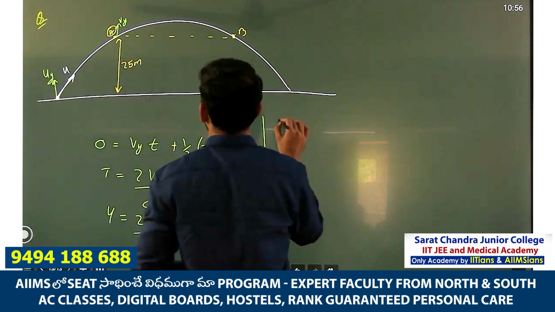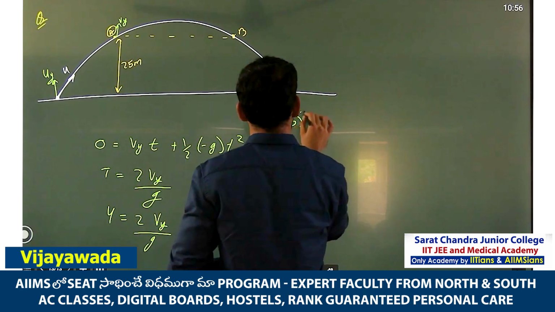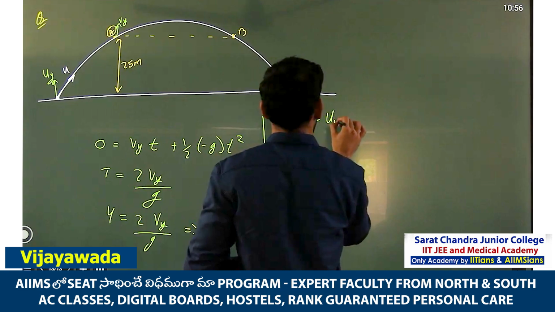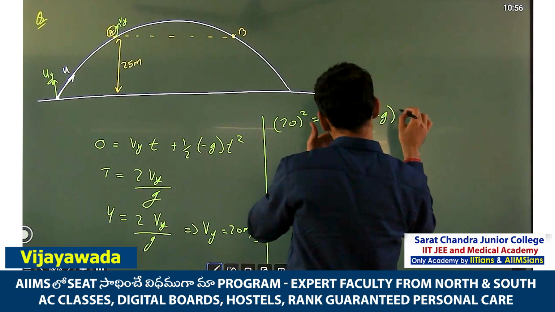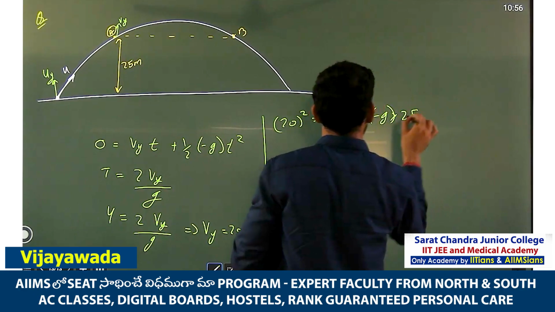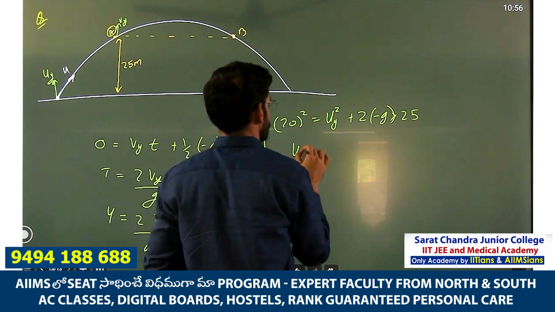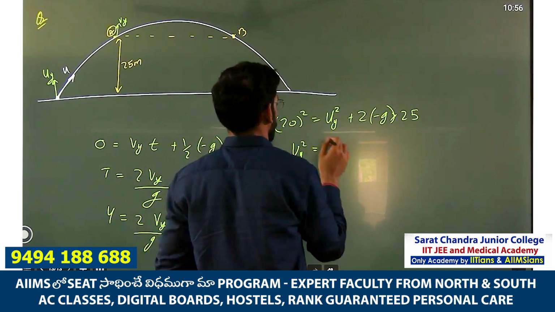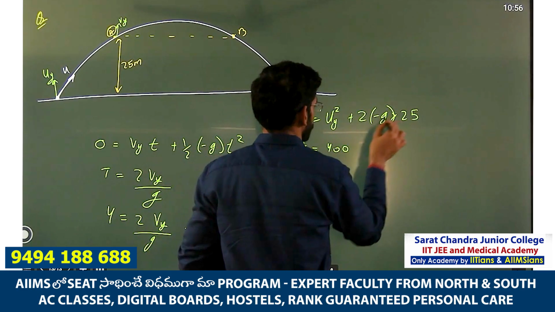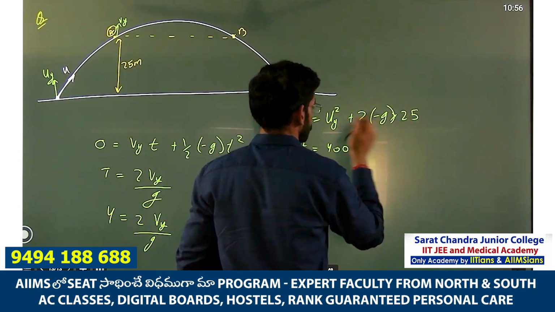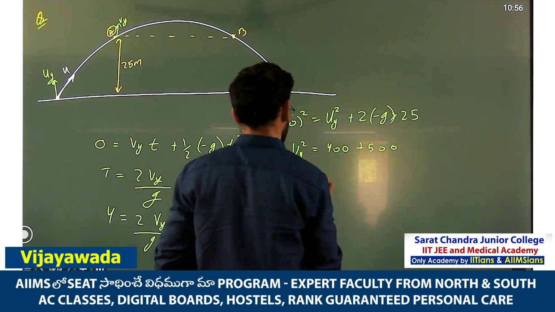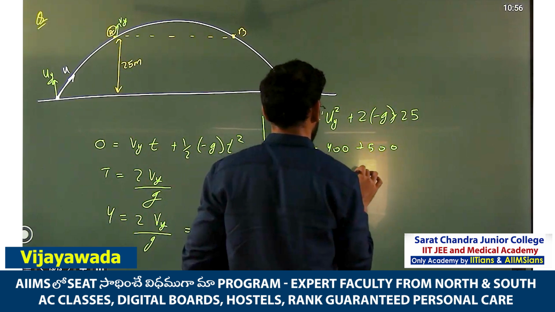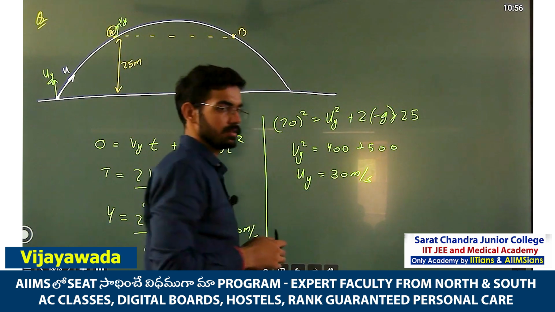That's it. So V square, that we know, 20 square equals Uy square plus 2 into acceleration minus g into displacement 25. Okay. So Uy square how much? 20 square is 400 plus this is 500. So Uy is how much? 30 meter per second.